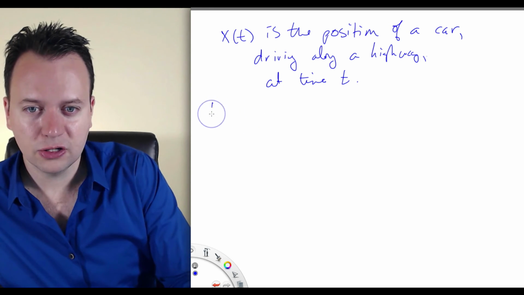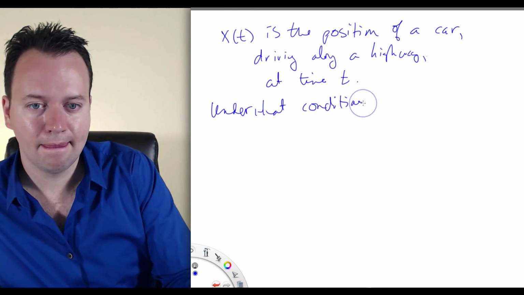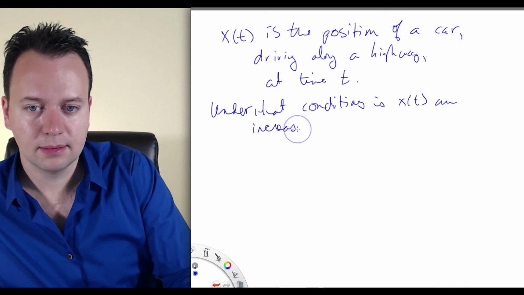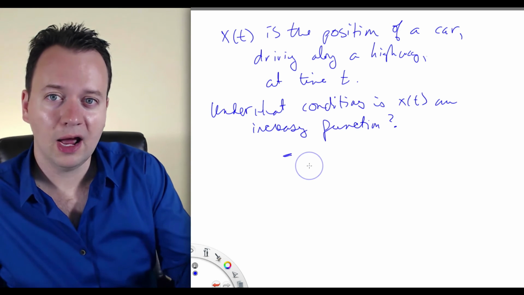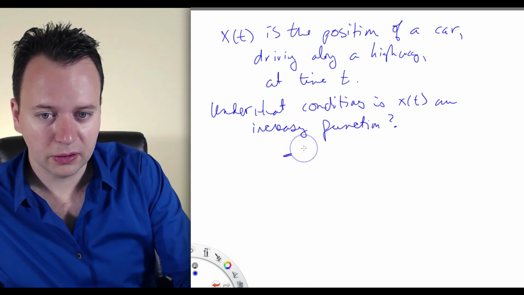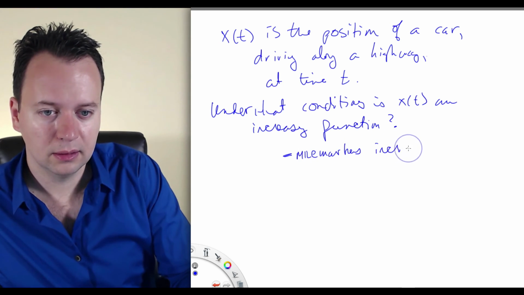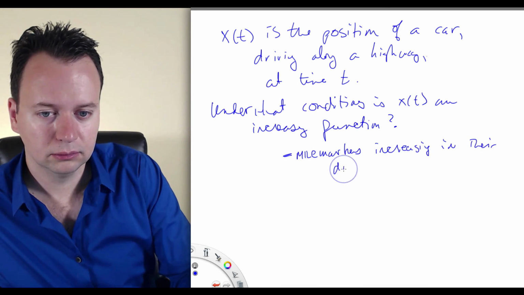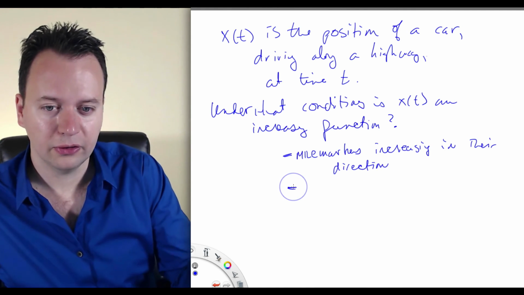Under what conditions is x of t an increasing function? Well, first of all, they would have to be driving in the direction of the highway in which the mile markers are increasing. That's kind of a given. They have to be driving in the correct direction.